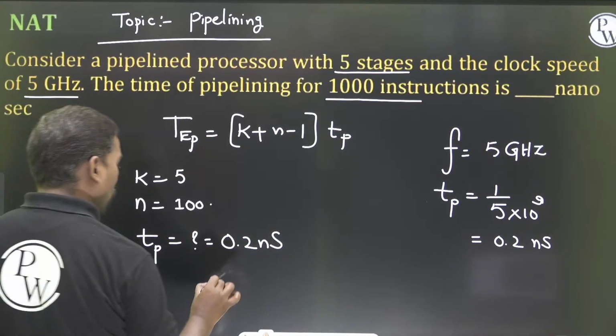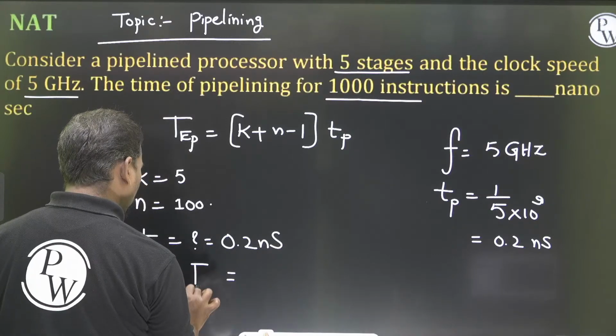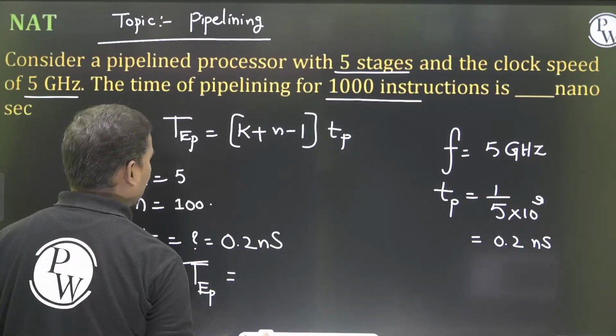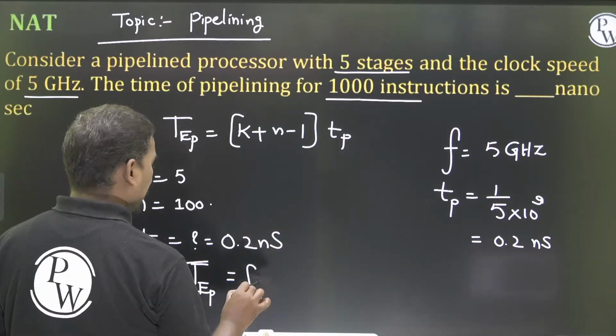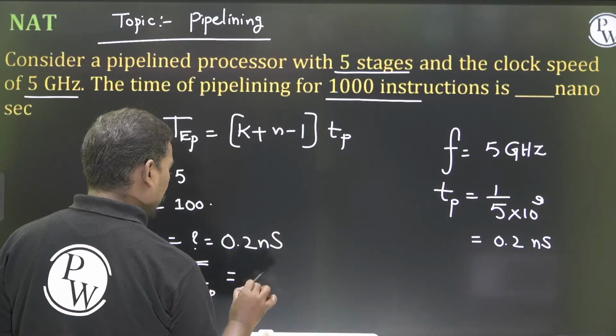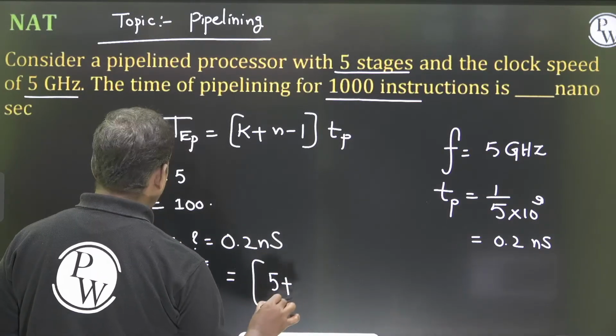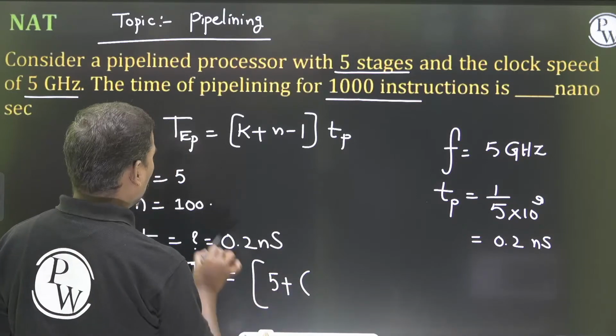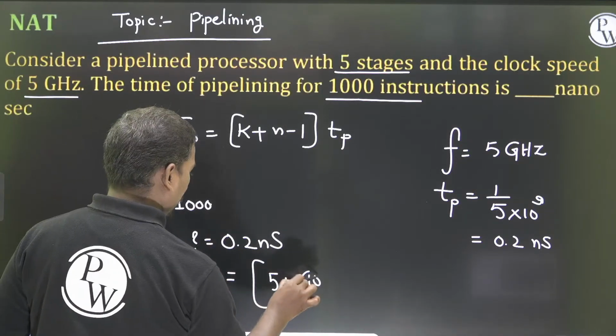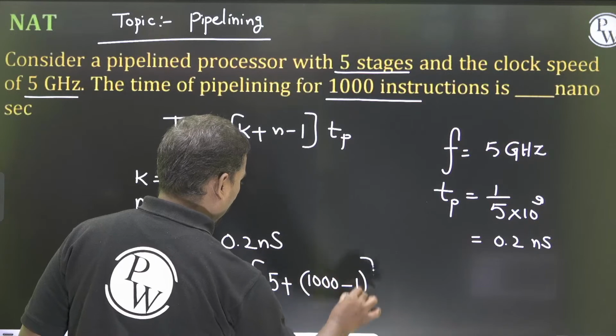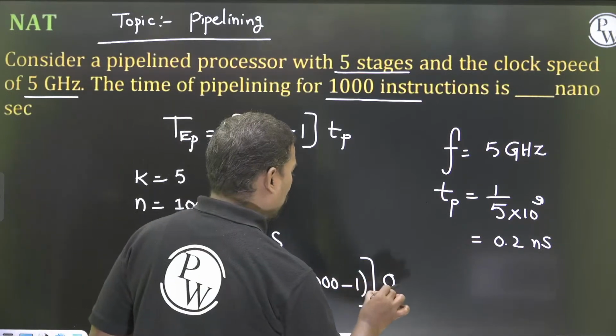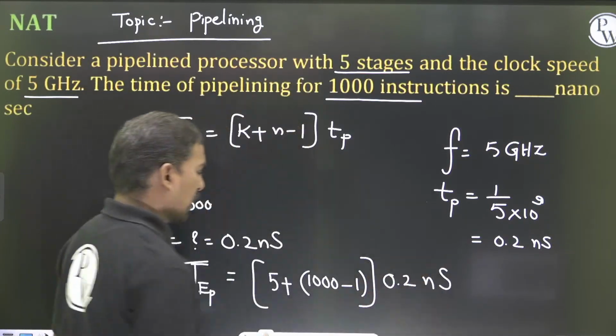If we substitute, k is 5, n is 1000 minus 1, and tp is 0.2 nanoseconds. Please simplify and tell me the answer.